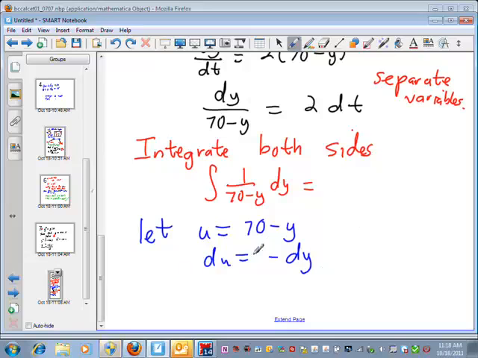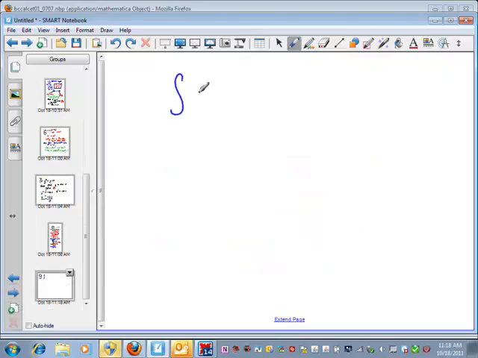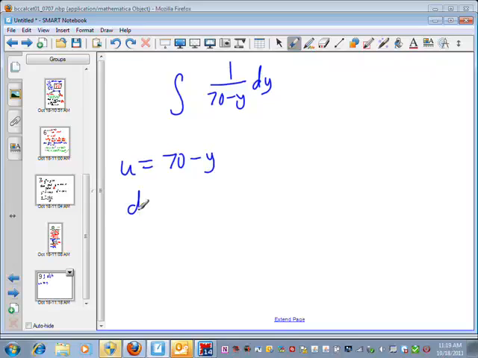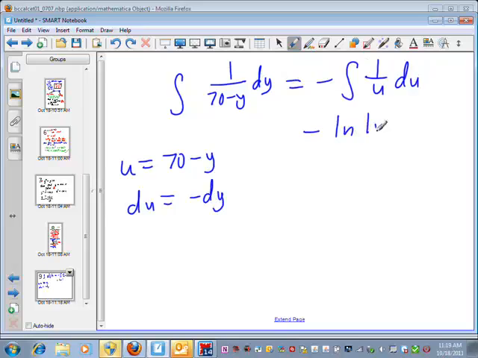So the antiderivative of 1 over (70 minus y) dy, with u equal to 70 minus y and du equal to minus dy, becomes minus the integral of 1 over u du, which is minus the natural log of the absolute value of u plus a constant.